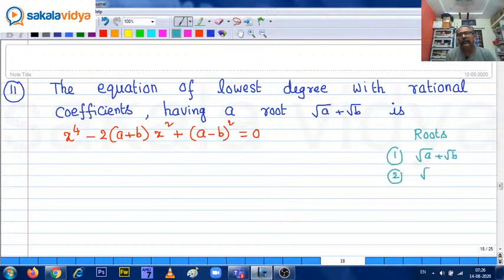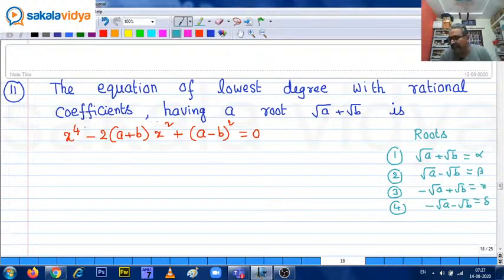The other root will be root a minus root b, but we should not say the conjugate surd, but the rationalizing factor, minus root a plus root b. The fourth one will be minus root a minus root b. See, the sum will be cancelled, that's why only the x cube coefficient is absent. Say alpha, beta, gamma, delta.